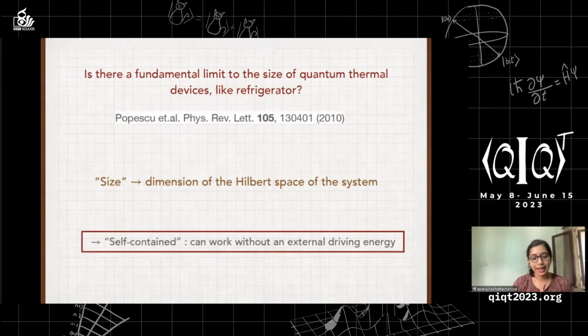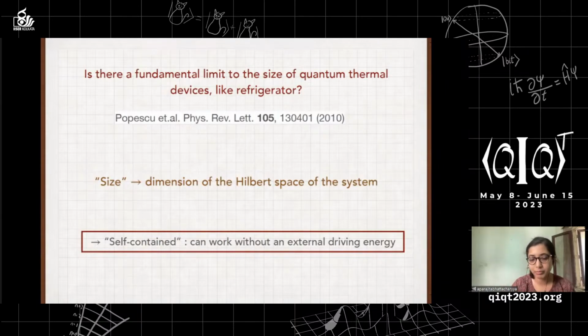Along with that, the quantum thermal device also has to be self-contained, that is, it can work without an external source of energy. So the aim in their paper was to find a quantum thermal device of the smallest size which can perform the refrigeration of a particular qubit and is also self-sustained, working without external driving energy.